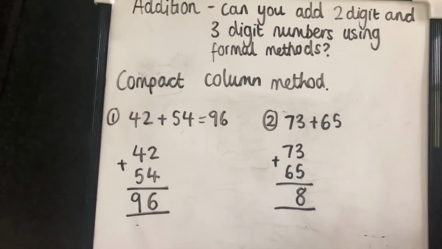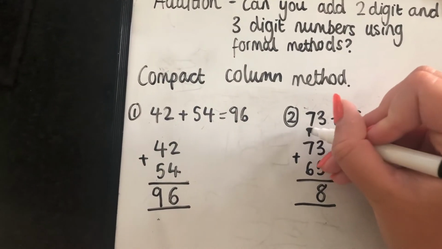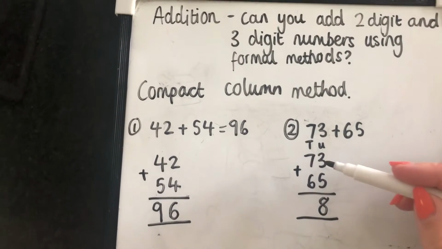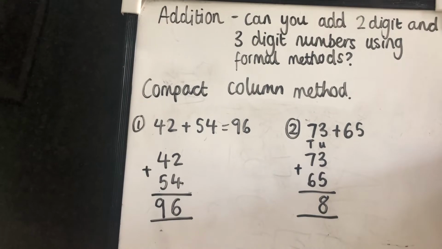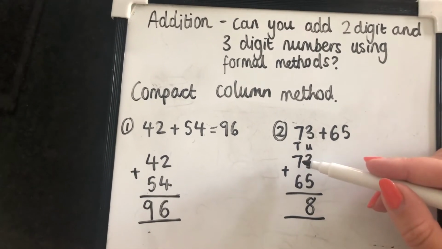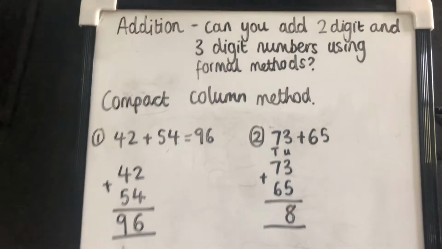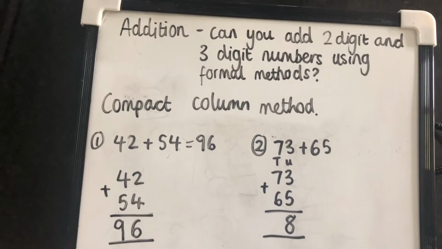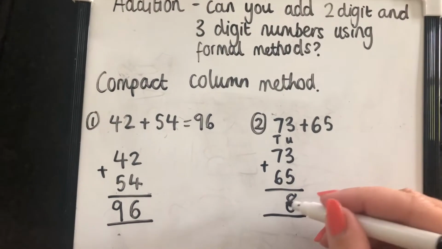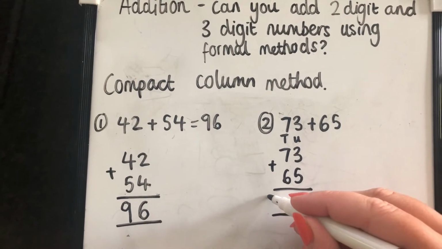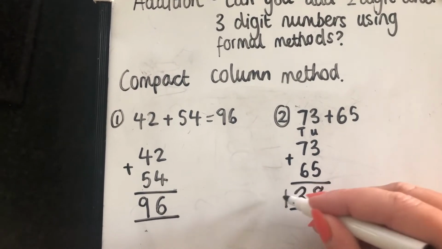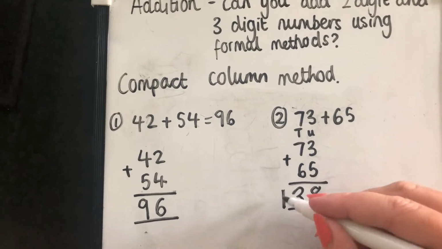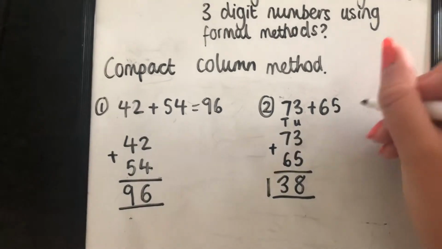So 8 goes in our units. Remember units and tens. This time 7 add 6, but this is tens. 7 tens add 6 tens. What's 7 tens add 6 tens? Well, it's 13 tens. So we're going to write the 13 tens, which is 130. So now we've got 138.